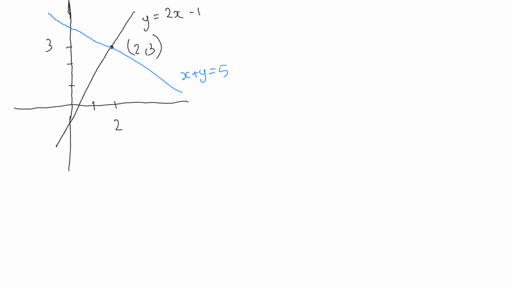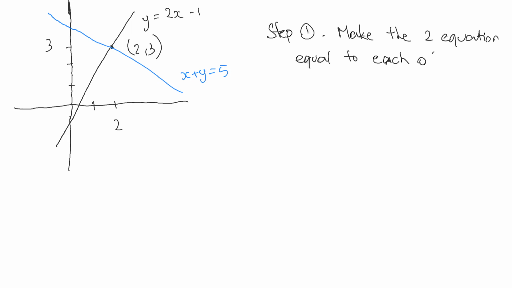So our first step was step 1: make the two equations equal to each other. As you can see, on the blue equation we don't have a y equals; we have x plus y is equal to 5.